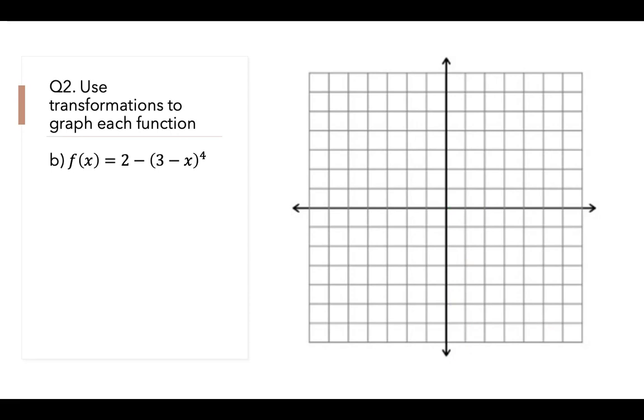Lastly, we are given 2 minus (3 minus x)^4. Now keep in mind this is a little bit different because usually it's x minus a number and then cubic or quartic. But this time it's 3 minus x. So I would recommend to rearrange so that x comes first, negative x plus 3, to the 4.